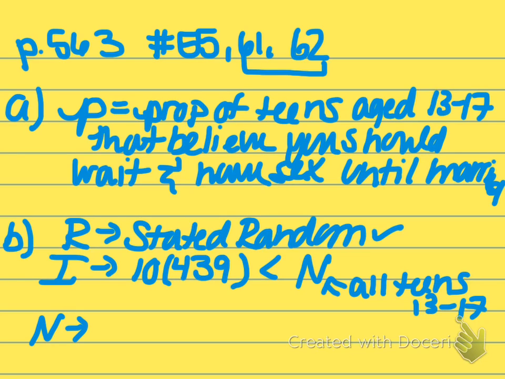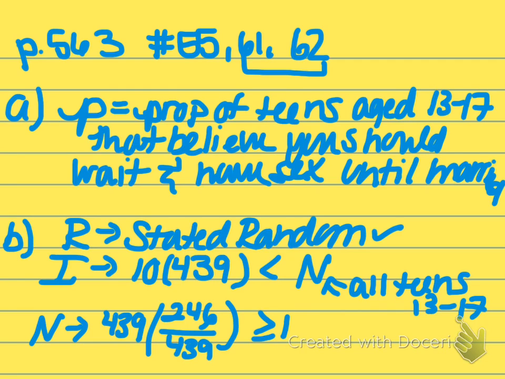Your normal is you're going to take your NP, so 439 needs to be times your proportion. So you have to find your proportion there. They give you an X. If you look at your book, that X is 246. That's your part out of this whole entire sample, 439. Needs to be greater than or equal to 10.